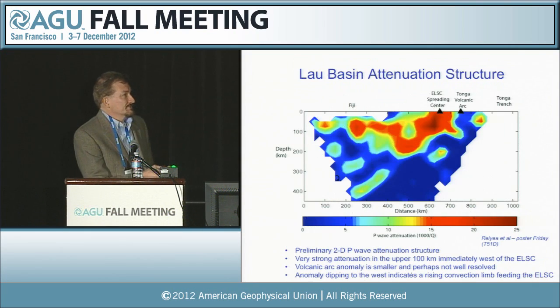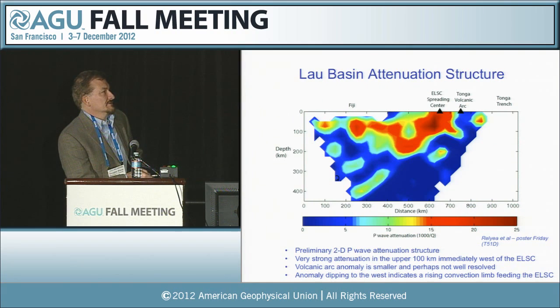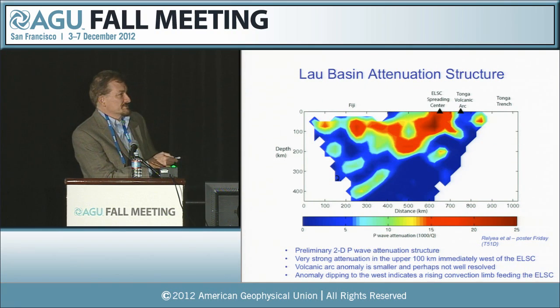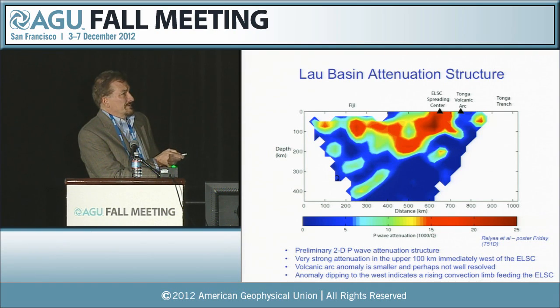And then we also are working on attenuation structure of the Lao Basin, and this is a 2D inversion, but it also shows extremely large seismic anomaly beneath the eastern Lao spreading center, maybe slightly to the west, in the upper 100 kilometers or so.